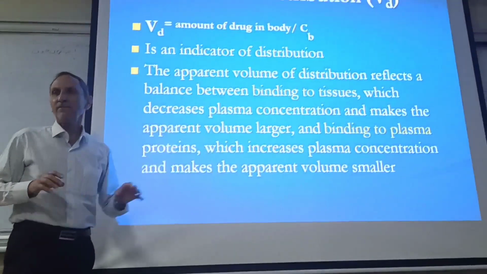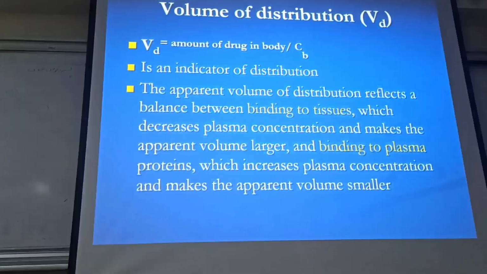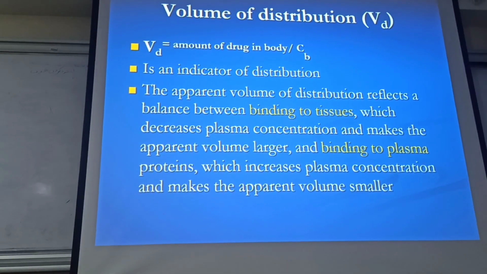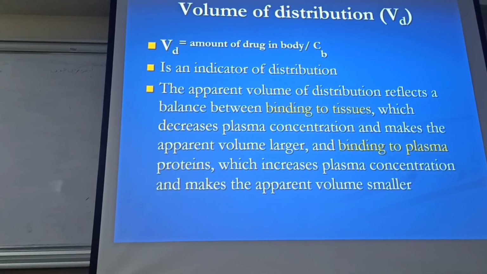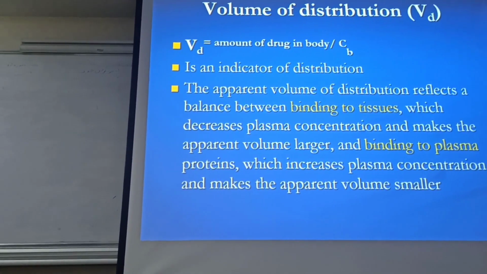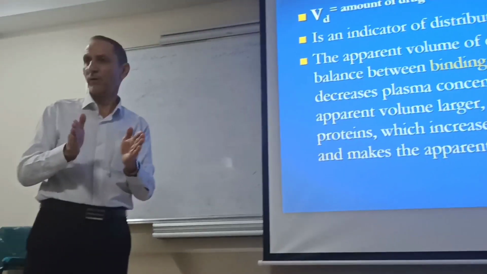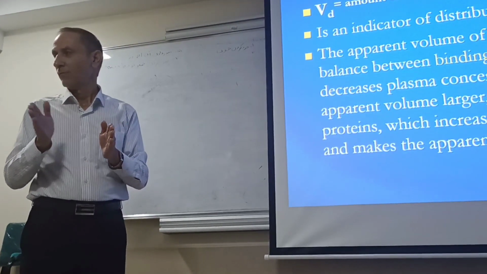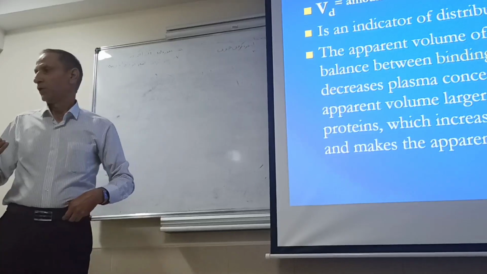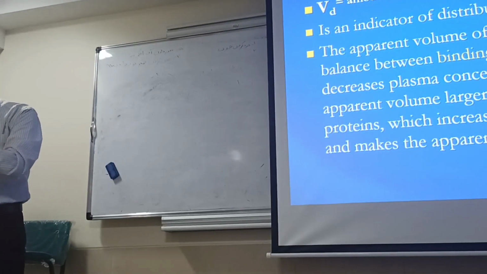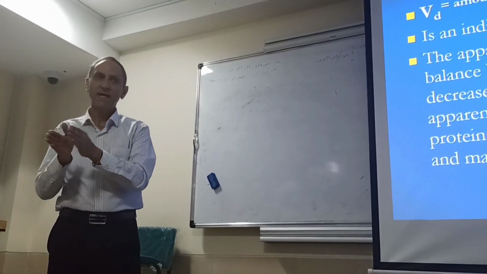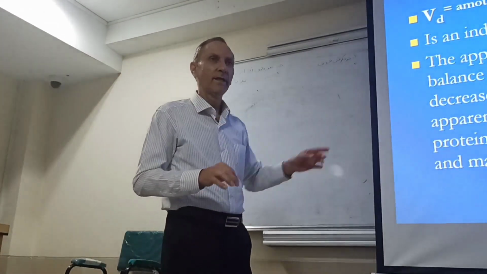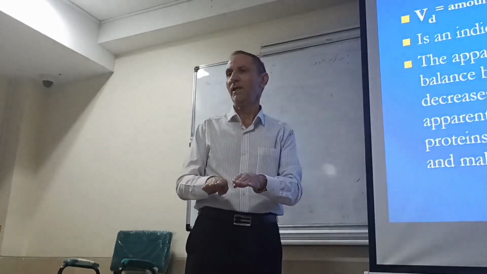If drugs have a tendency for tissues rather than blood, then the volume of distribution will be higher. And if the drug remains in the blood, suppose that you prescribe a drug and most of the drug remains in the blood, the volume of distribution will be less.